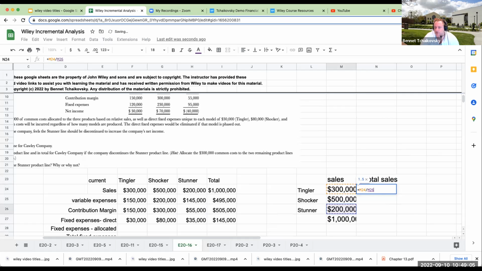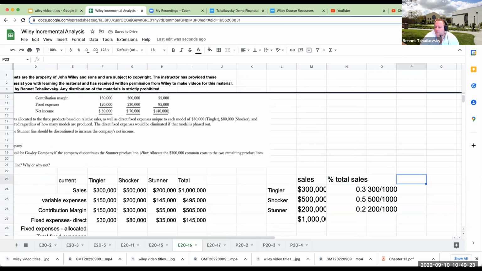So this is going to be 30%, this is going to be 50%, and this is going to be 20%, or 300,000 divided by a million, 500,000 divided by a million, 200,000 divided by a million. So here we've got percentage of total sales.